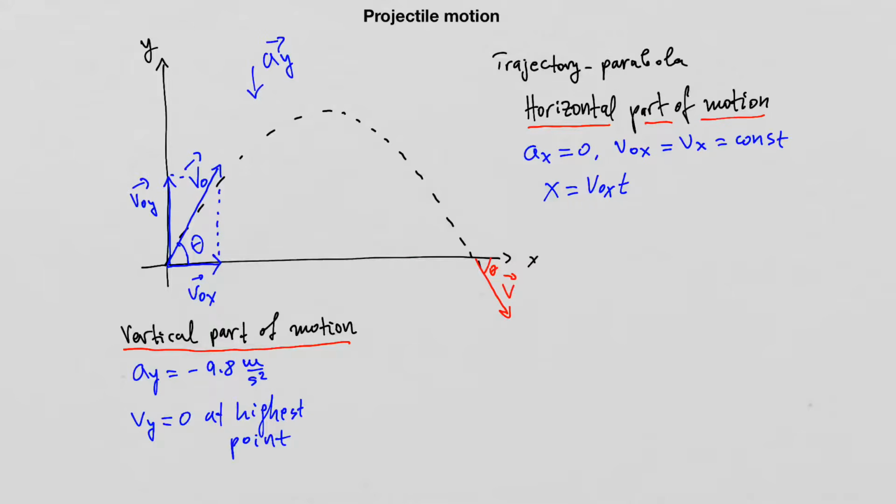So if the object lands at a higher or lower level than the launch point, then what I just said is not correct. But when the object starts and lands on the same level, the magnitudes of the initial and final velocities are the same, and the angle with respect to the positive x-axis is the same. One is above the horizontal, the other one is below the horizontal.